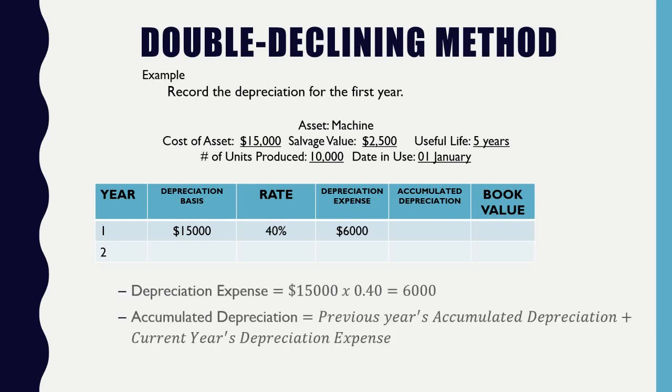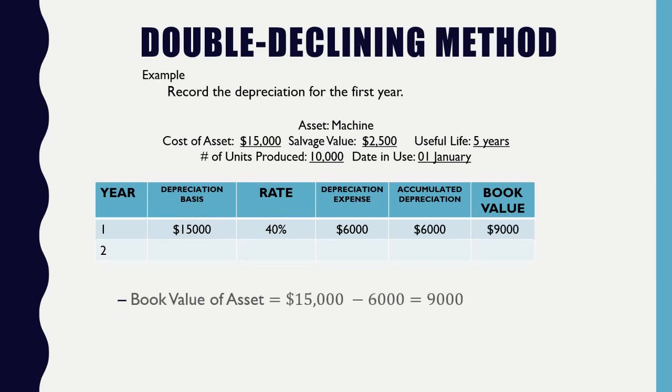Okay. So now that we have our brand new book value, the book value as of year 1 is 15,000. At the end of year 1, it is now valued at 9,000. So what does that make my year 2 book value?